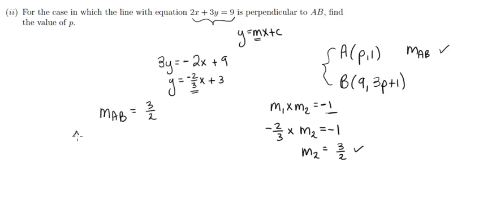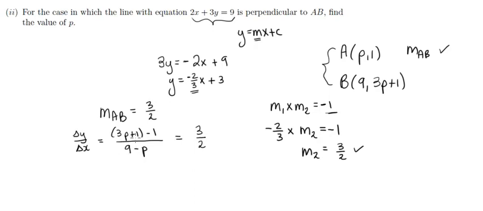So the gradient of AB is going to be change in y over change in x. So we could say 3p plus 1 minus 1 for change in y, over change in x, which will be 9 minus p. And we know this must equal 3 over 2.